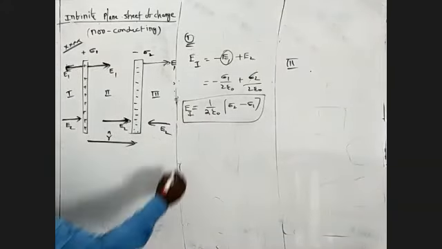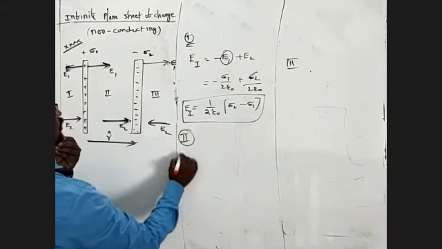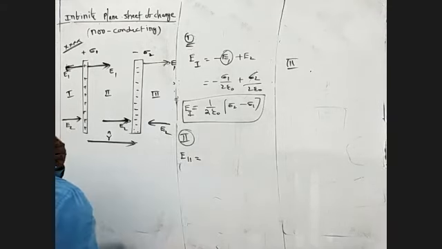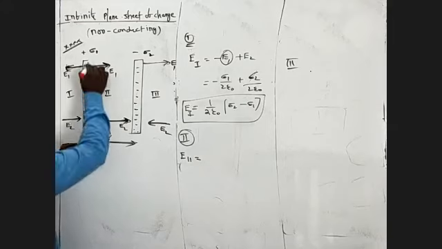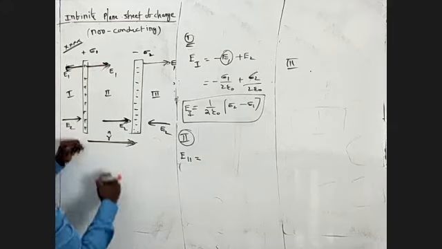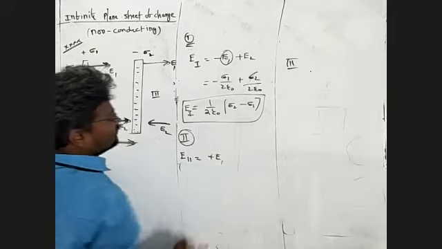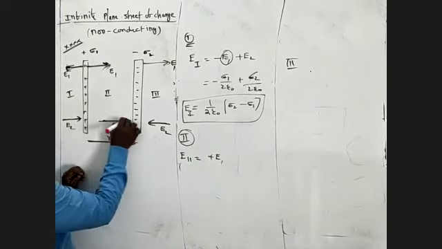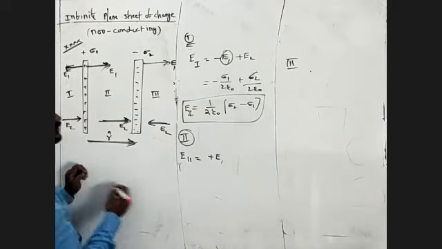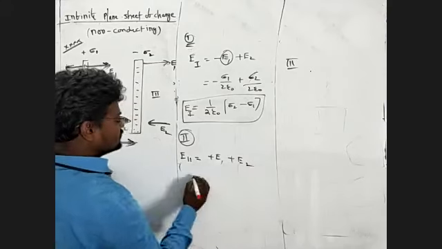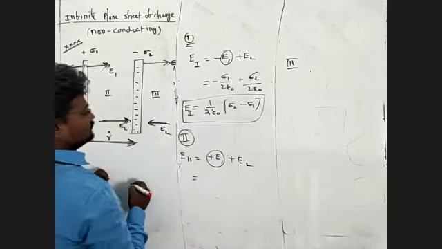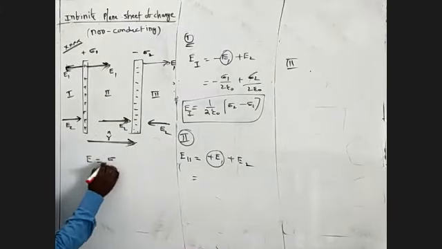Now in region 2, E is equal to E1 and E2. E1 is in this direction, r cap is in this direction, so E1 is taken as positive. This is the direction of E2, this is the direction of r cap, both in the same direction, positive. Generally E is equal to sigma by 2 epsilon naught.